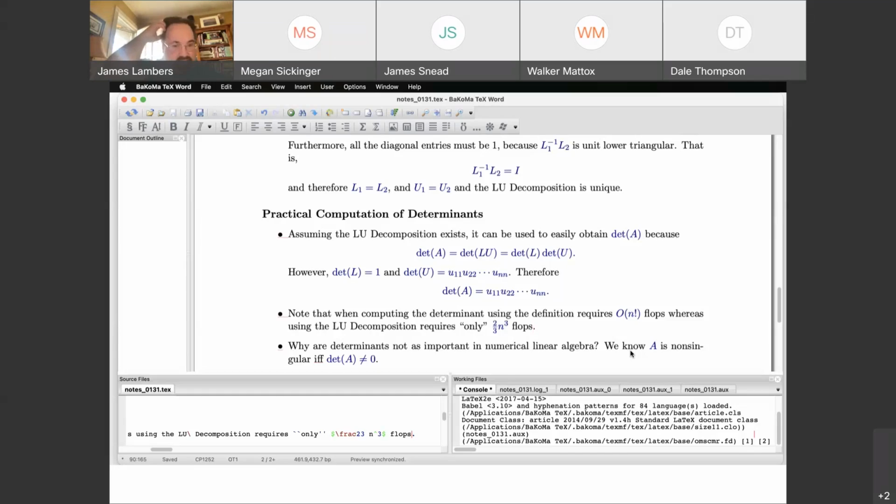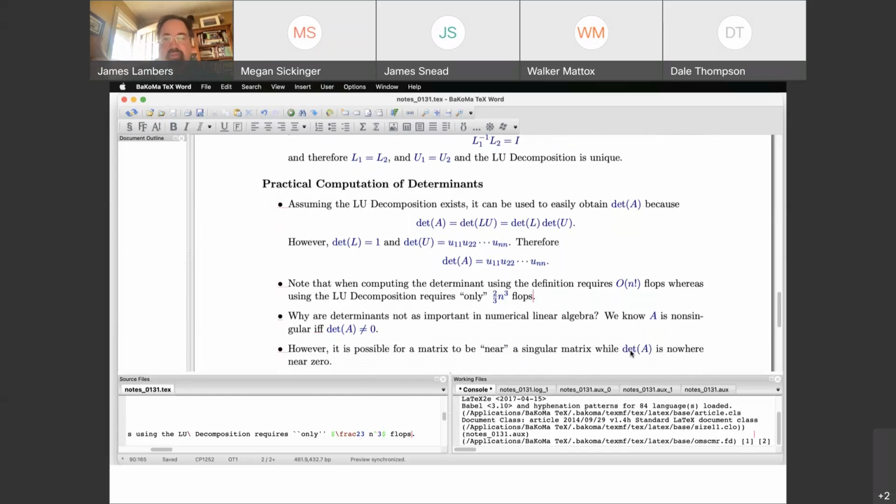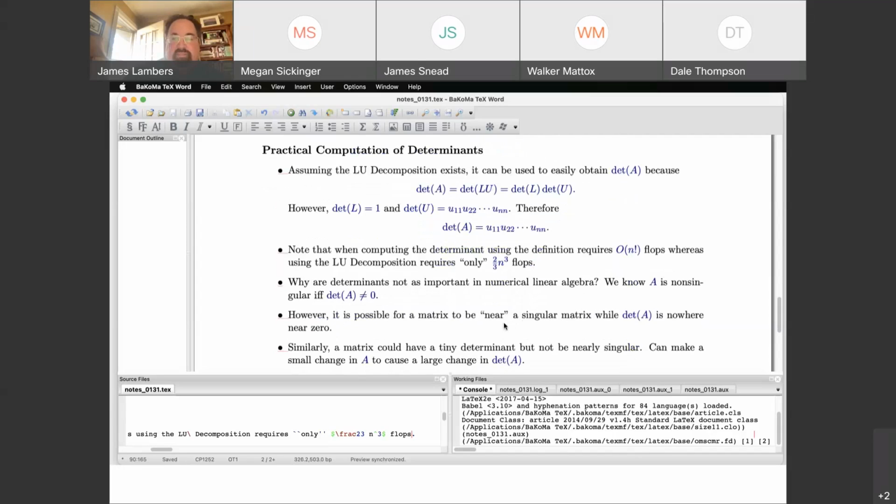Now, one key property of determinants is that we know that a matrix A is invertible, or non-singular, if and only if its determinant is non-zero. But that's not really helpful in a numerical setting, because you can have a situation where a matrix A is close to a singular matrix. In other words, only a slight change in the entries would cause it to be singular.